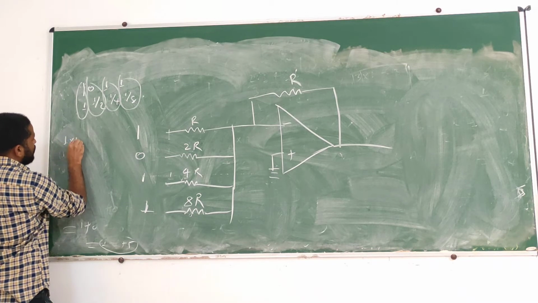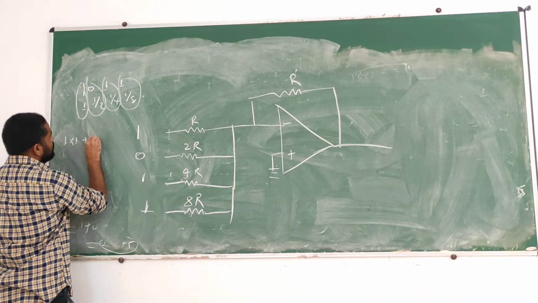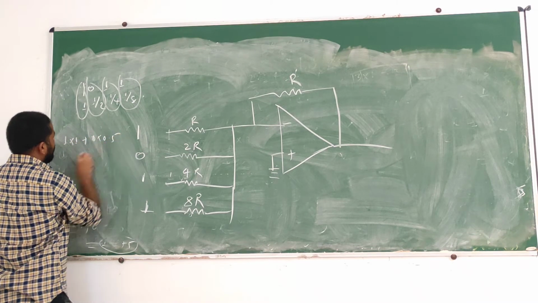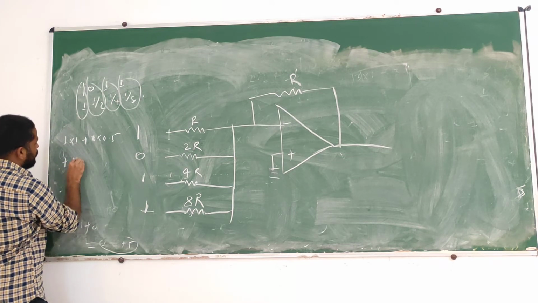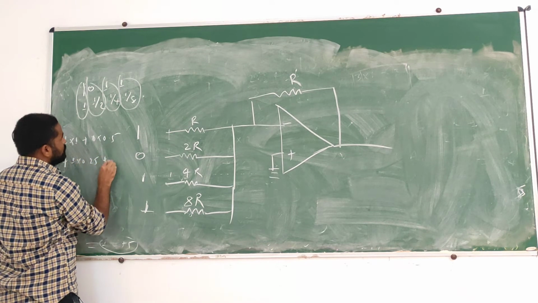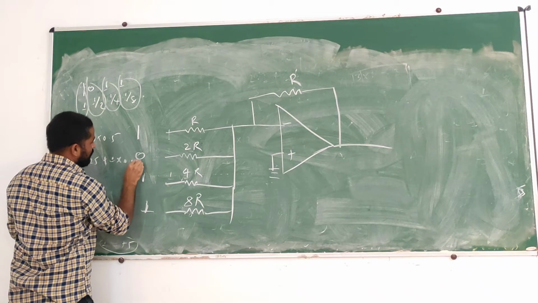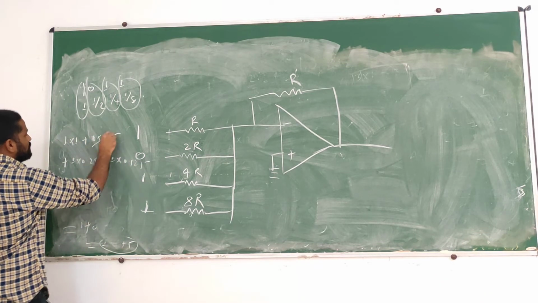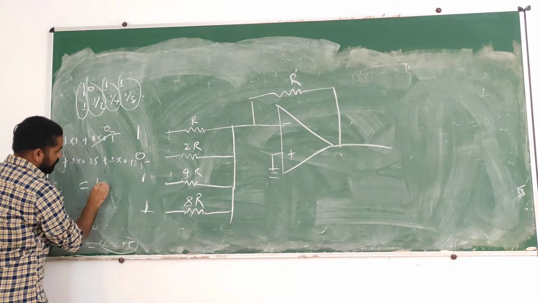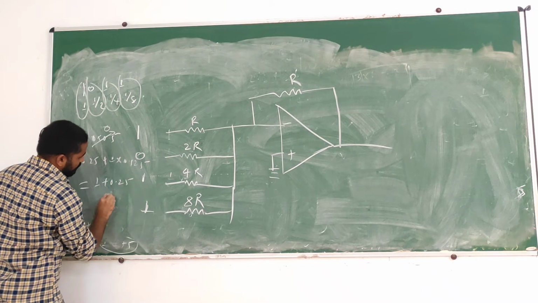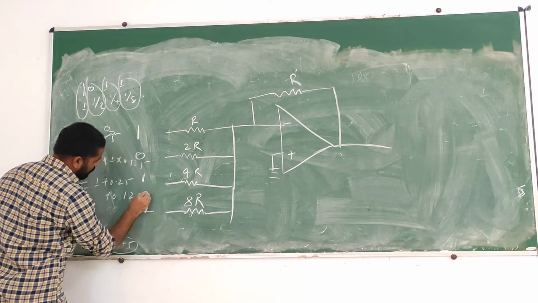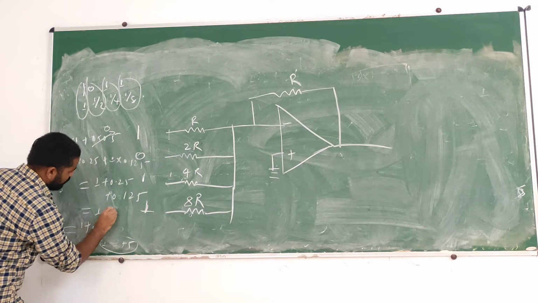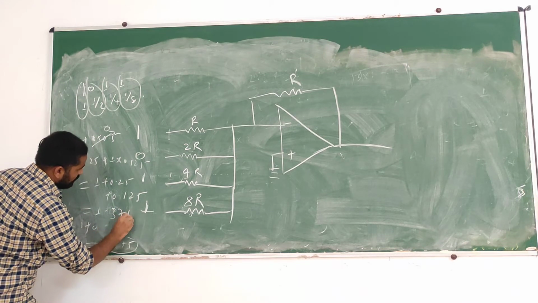1 into 1 plus 0 into 0.5 plus 1 into 0.25 plus 1 into 0.125. This is 1 plus 0.25 plus 0.125, which is nothing but 1.375.